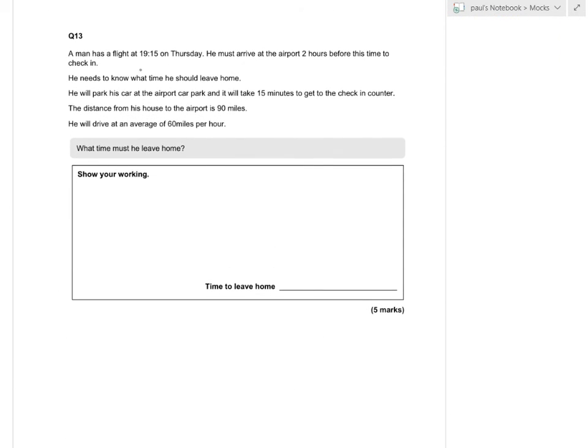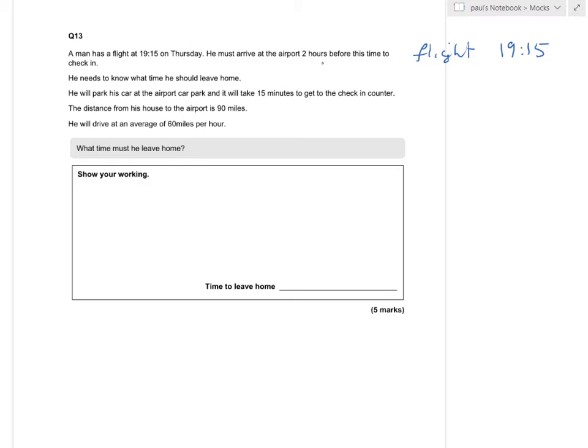A man has a flight at 1915 on Thursday. He must arrive at the airport 2 hours before the time. He needs to park his car at the airport. So you've got to work backwards. The flight is 1915.